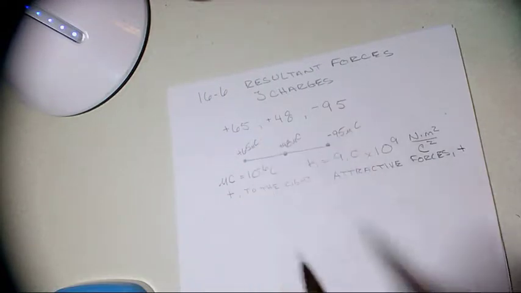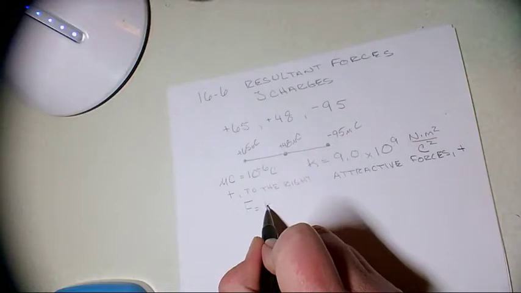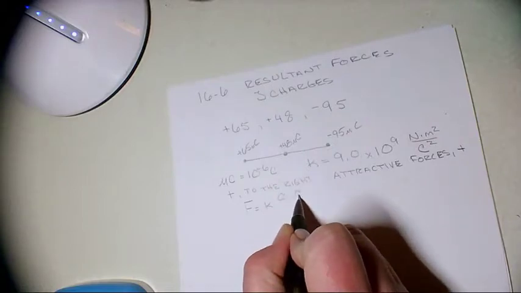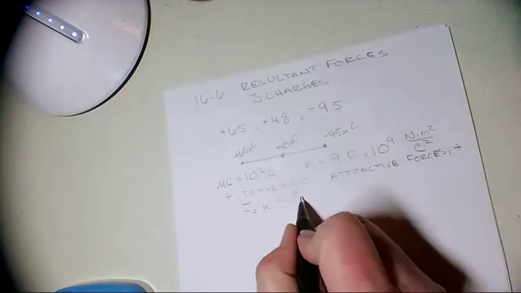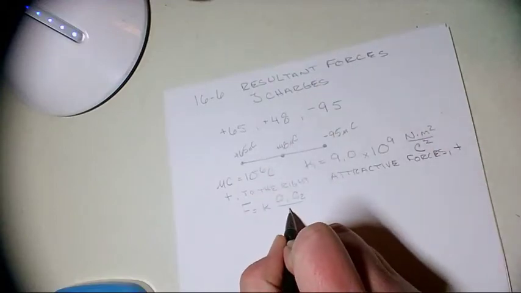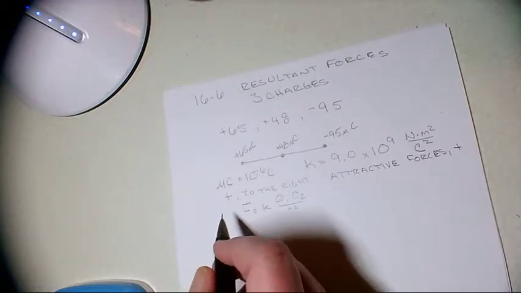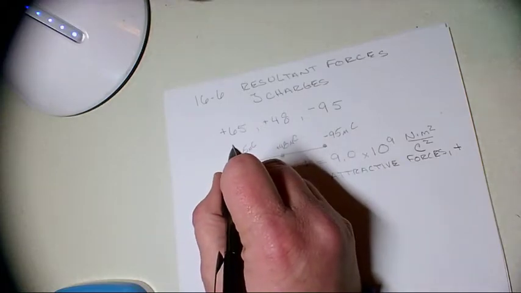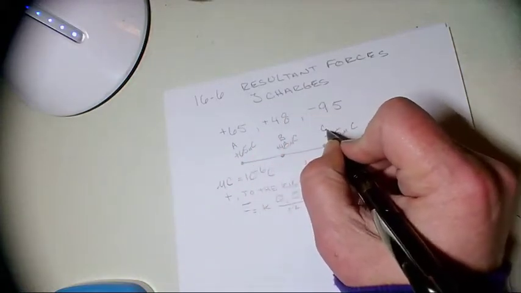Now the good news is that we do get to use our same force equation. Force equals K Q1 Q2 over R squared. The next thing I'm going to do, just for simplicity, is name these forces so I can keep track.